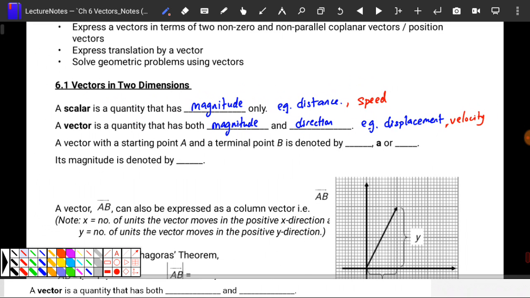Now, a vector from starting point A to terminal point B is denoted like this: AB with an arrow. Everyone write down AB with an arrow, a bold A, or an A with a curly underscore.